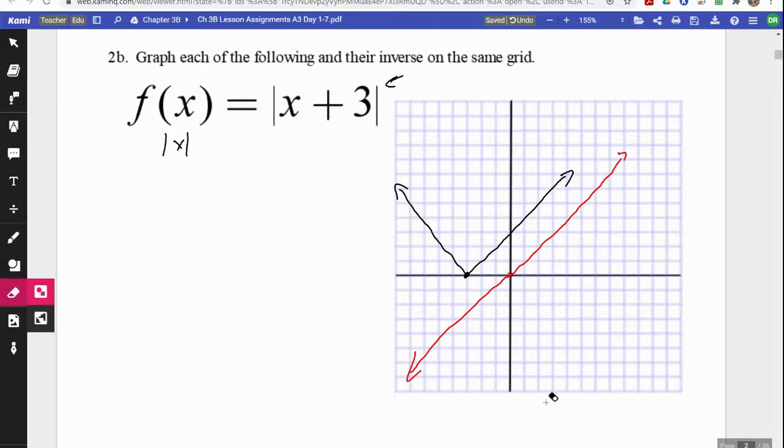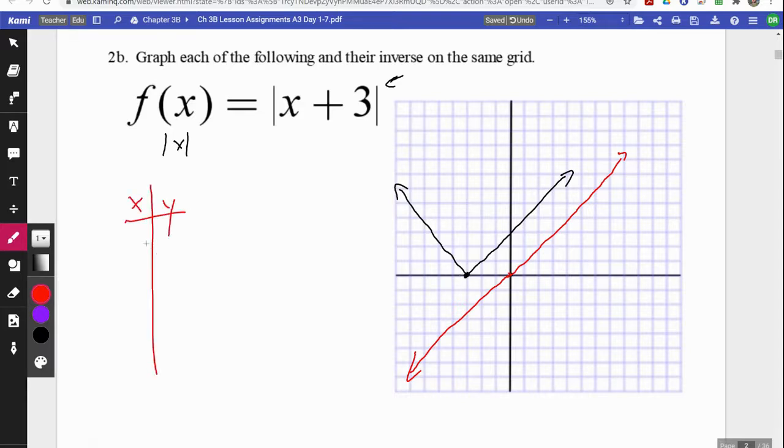Let's get some ordered pairs. Since I know that this is centered at -3, 0, my XY chart should be -3, 0, and then a couple points to either side of it. I'm sorry, this was -3, 0. This would be -4, -5, this would be -2, -1. Let's plug in -5.